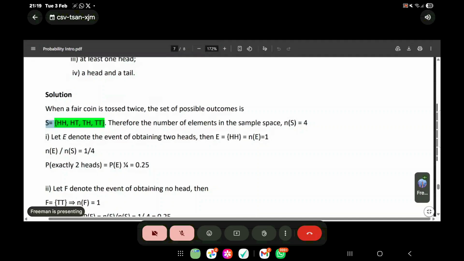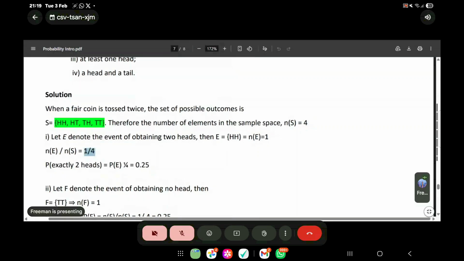So you just define. Let E denote the event of obtaining 2 heads. Probability of 2 heads. So we ask, how many 2 heads are there? There is only 1. The 2 heads occur only once. So that's going to be 1 out of 4.